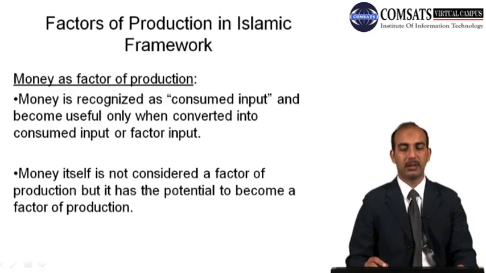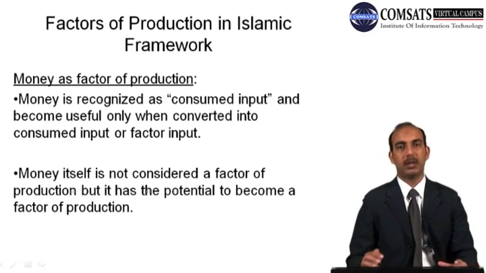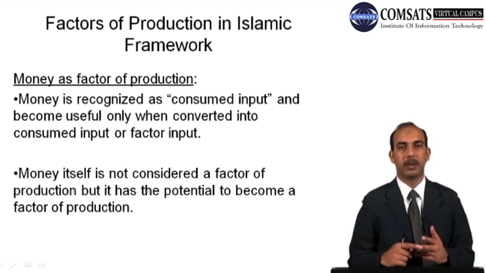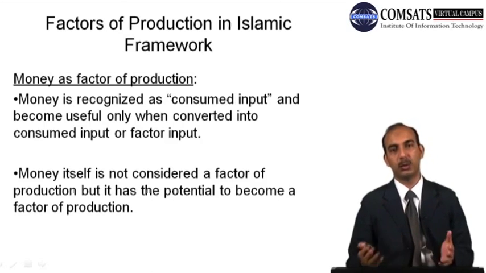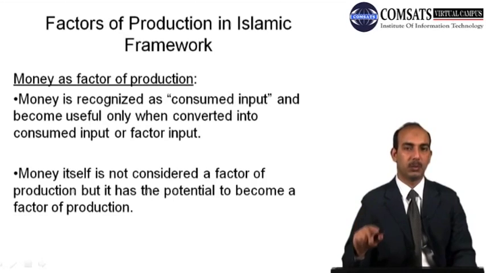So money is recognized as a consumed input and becomes useful only when converted into a consumed input or factor input. So money, we can convert it into a consumed input or factor input. By nature, money is consumed in this process, and it becomes input only when it takes the shape of a consumed input or a factor input.